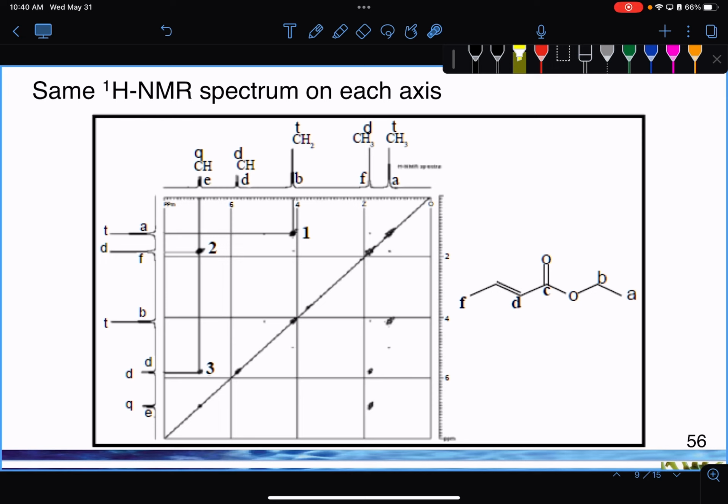That's why all our previous proton NMR analysis was one-dimensional. Now in the COSY analysis, we're putting the NMR spectrum on both axes, and looking at how these peaks correlate with each other. You have the diagonal peaks, but then you have cross peaks, 1, 2, and 3. Those peaks tell you how your protons are coupled with the neighbors of that proton. So it's telling you more structural information than just one-dimensional NMR spectroscopy.